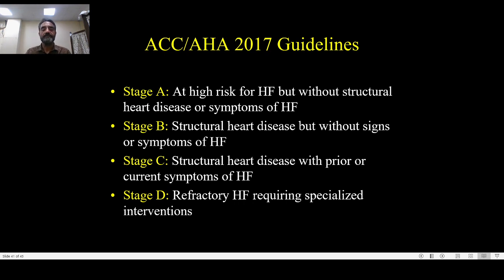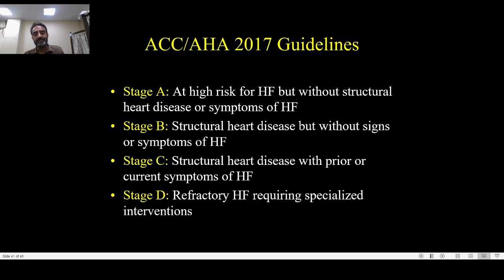We discuss the latest American Heart Association 2017 guidelines for pharmacotherapy of heart failure. For this purpose, they have divided heart failure into 4 stages: stage A, B, C and D. Stage A is those patients who are at high risk for heart failure but without structural heart disease or symptoms of heart failure.